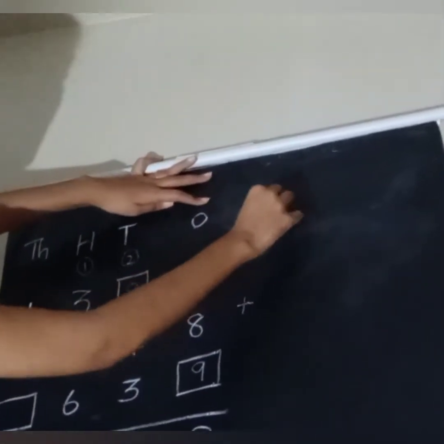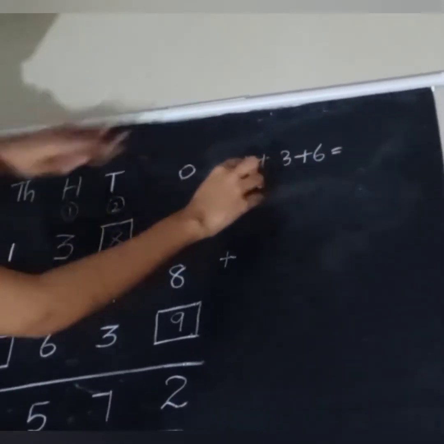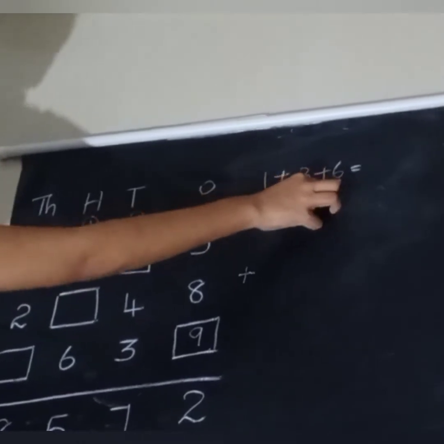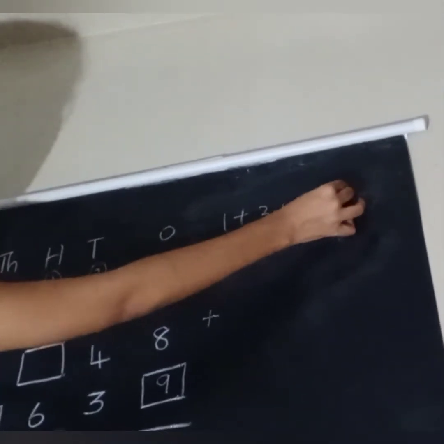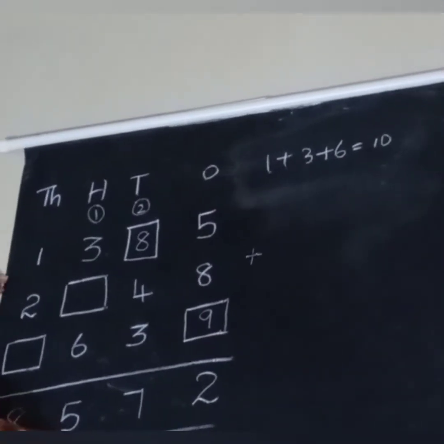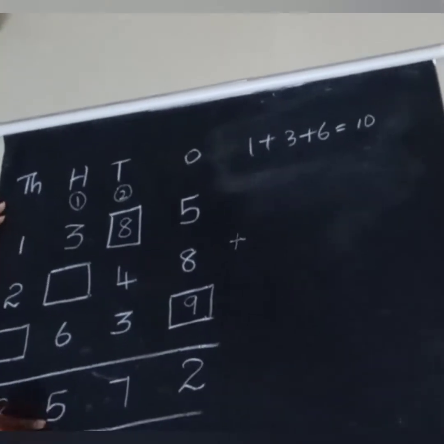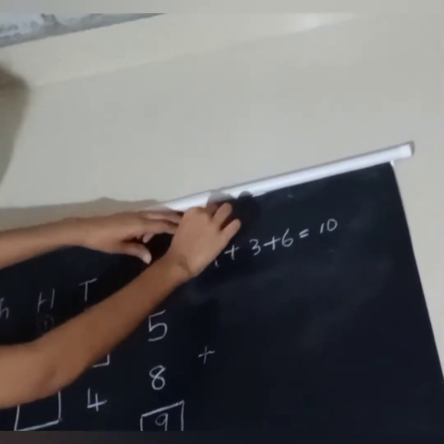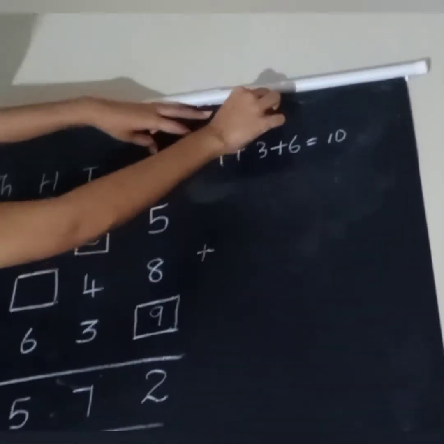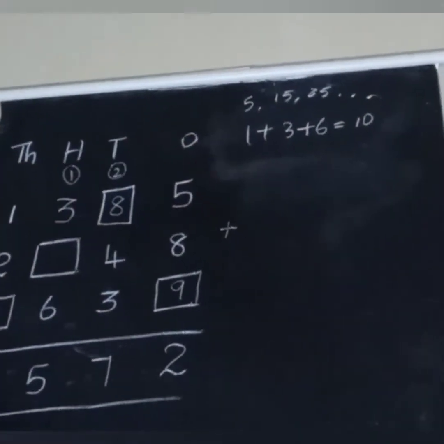So 1 plus 3 plus 6: 1 plus 3 is 4, 4 plus 6 is 10. Now what's the answer part? 5. Write all the numbers that end with 5: 5, 15, 25, 35, 45, 55. It goes on.